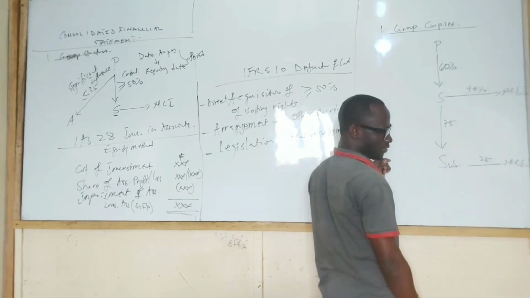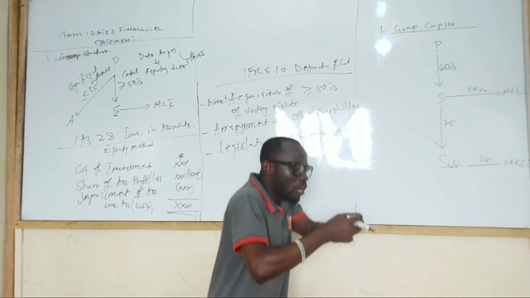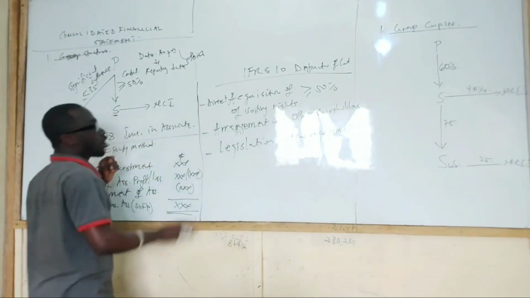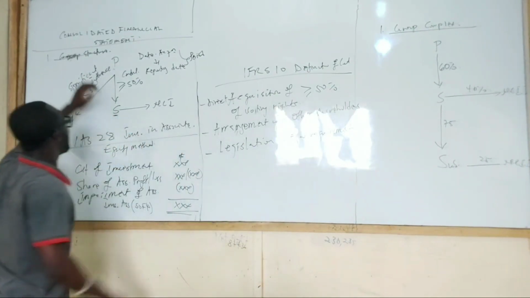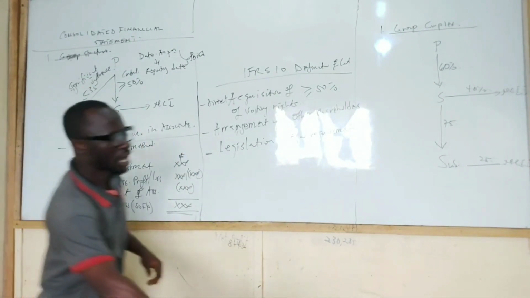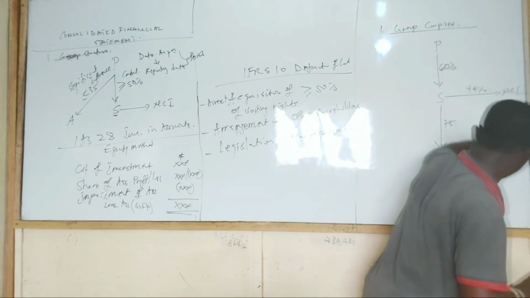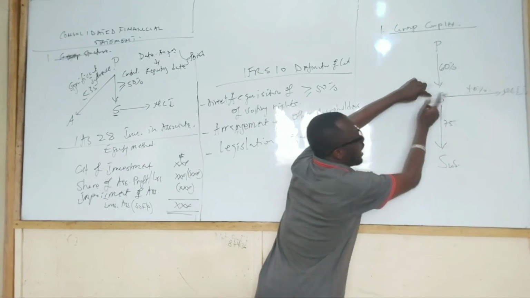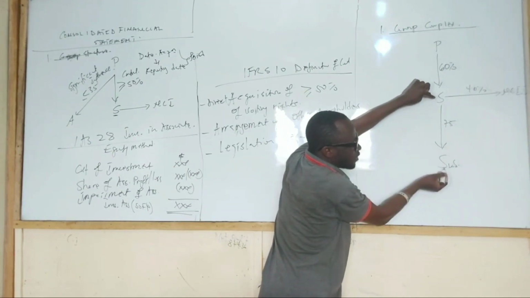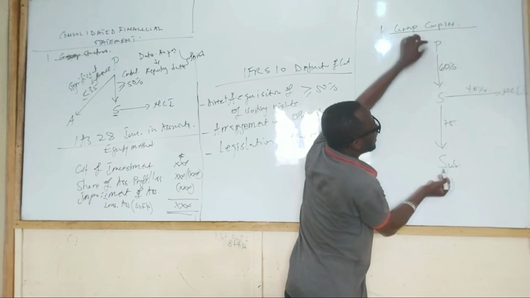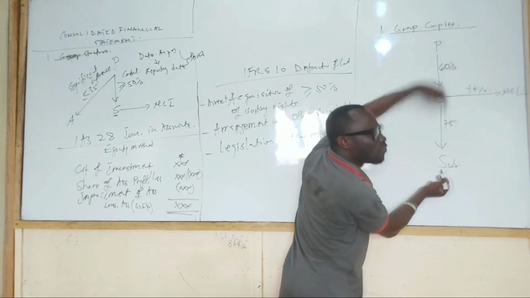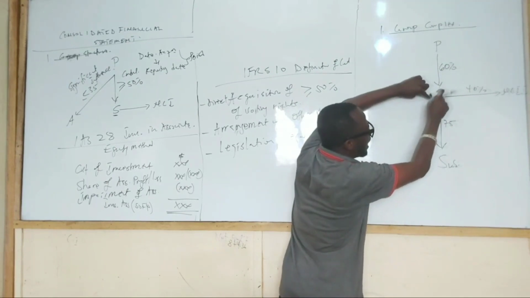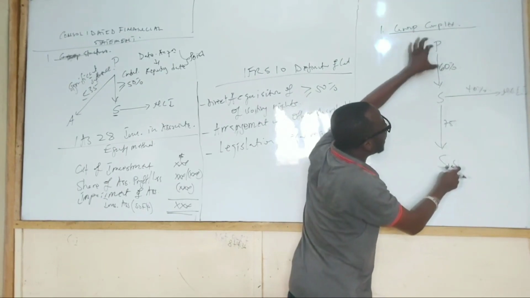The way we calculate the NCI value in a complex group is different from when it is a simple group. Please note that any investment that a subsidiary makes in its subsidiary, the parent is also making its share of ownership of that same investment. Any investment that this guy makes in this, the parent has also indirectly made.